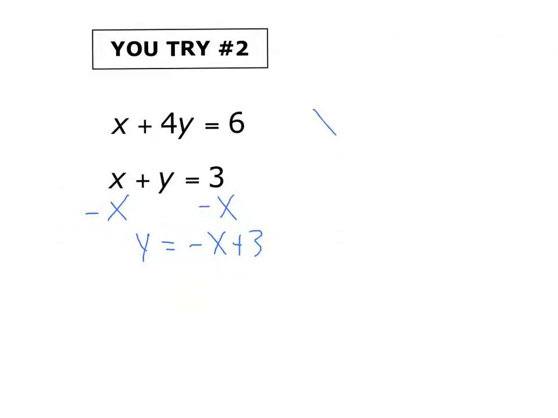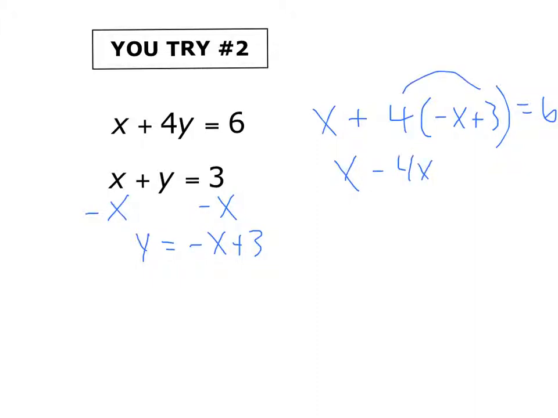So we have x plus, and instead of y, we have 4 times minus x plus 3, and that all equals 6. I want you to take it from there and distribute out. So we have x, and then 4 times minus x is minus 4x, and 4 times 3 is 12, and that all equals 6.